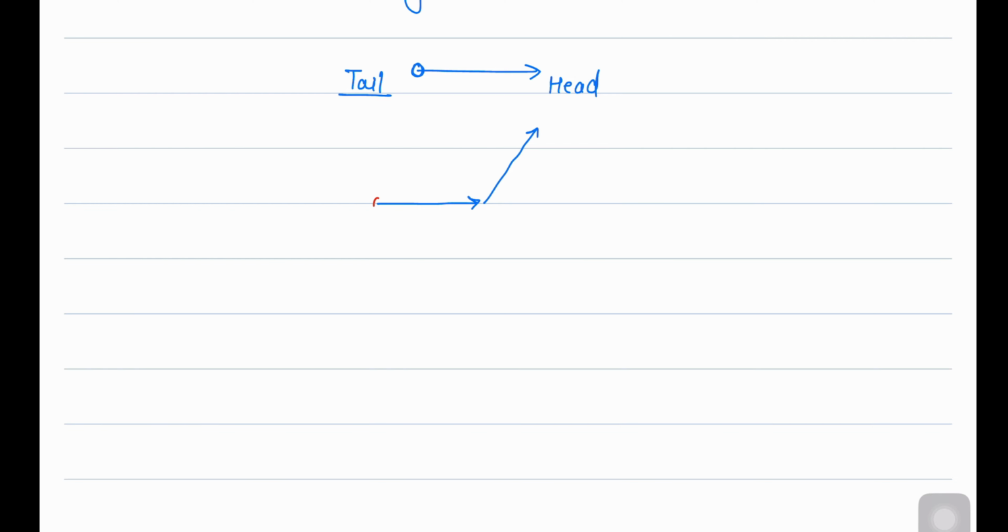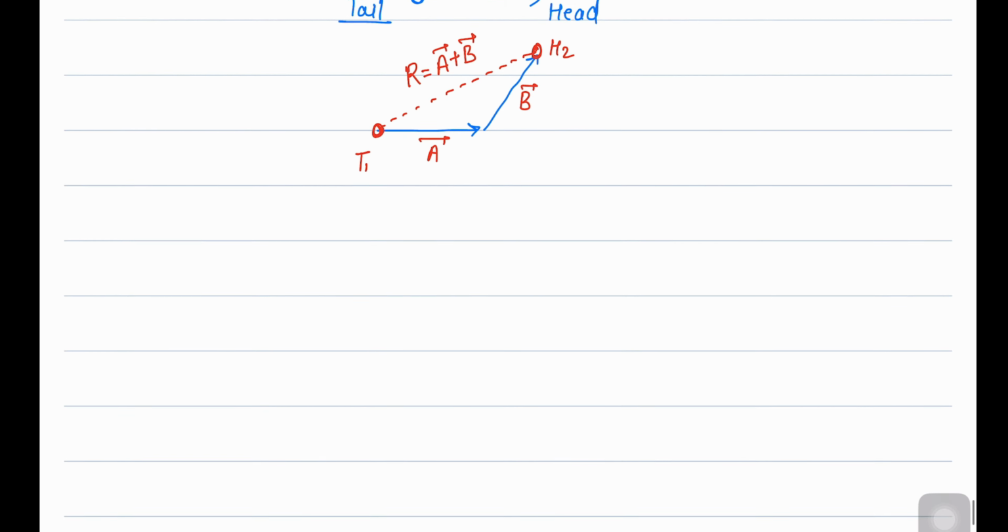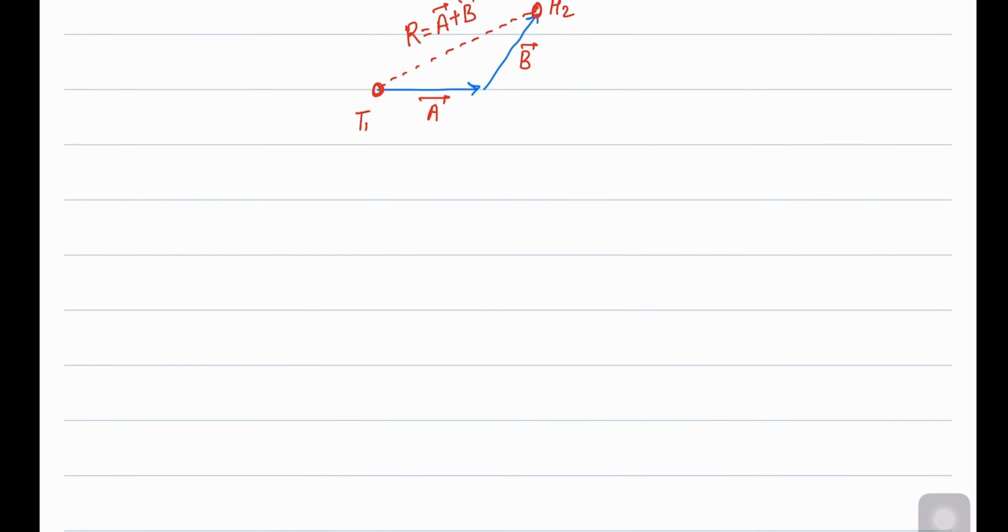Take the tail of the first and the head of the second and just join them. You will get R equals A vector plus B vector. So this is your vector A, this is your vector B. Fine?